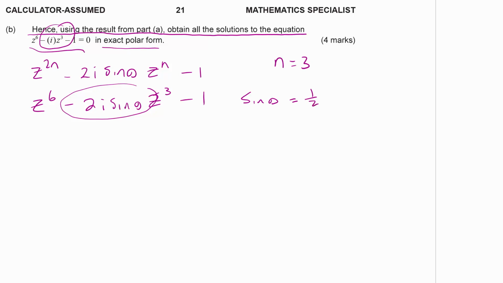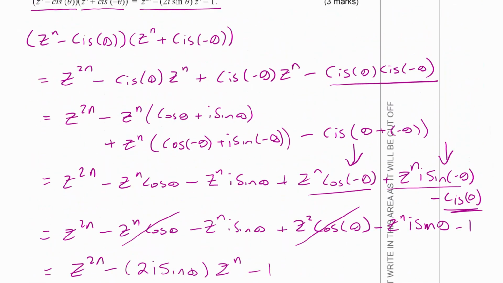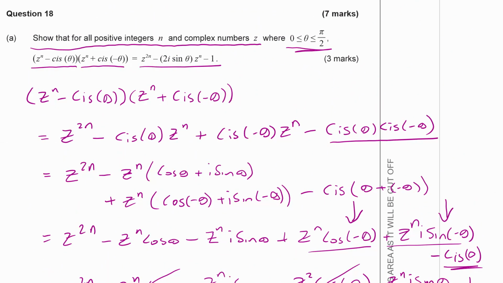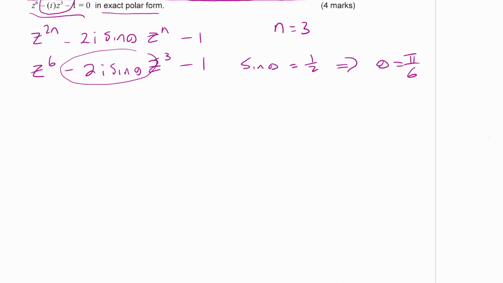And that would give us that theta is equal to pi by 6. And if we go back up here, it did say that theta was between 0 and pi by 2. So I only need theta equal to pi by 6.